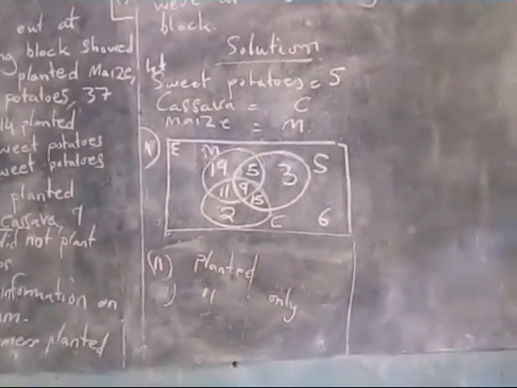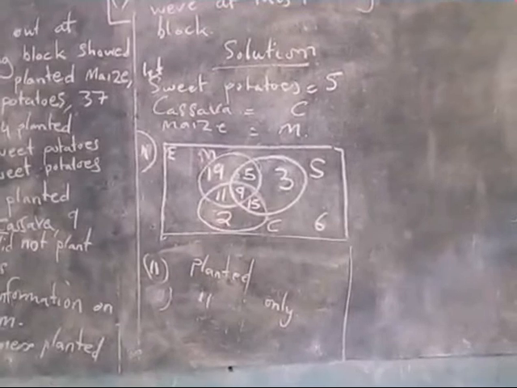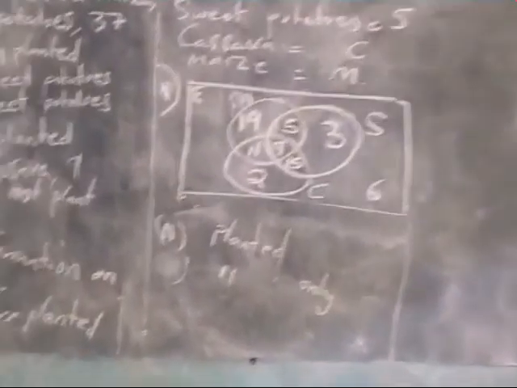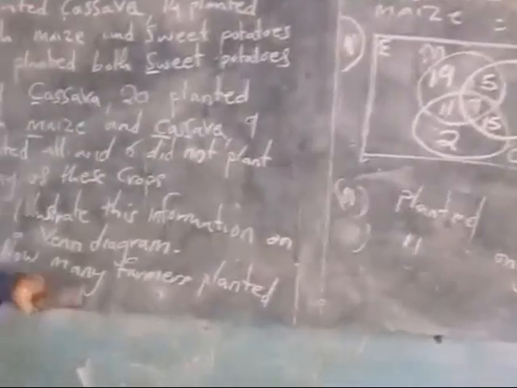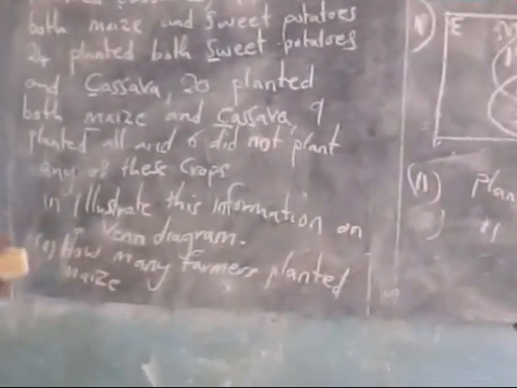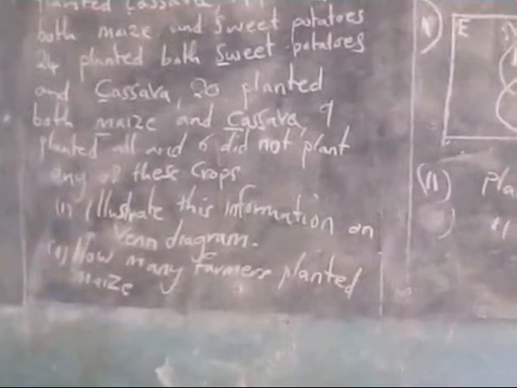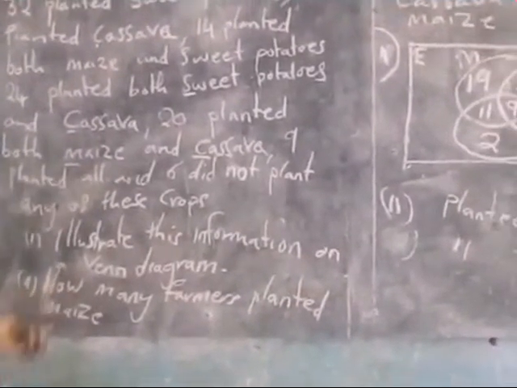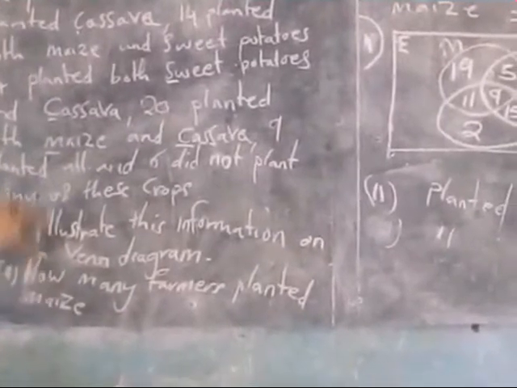This question is just asking how many farmers planted maize. If they say how many farmers planted maize only, it's different from this one. So the examiner here wanted to see if you understand what you are doing. I mean, to make the answer easy, it's already given here.